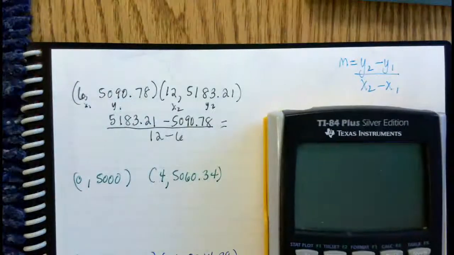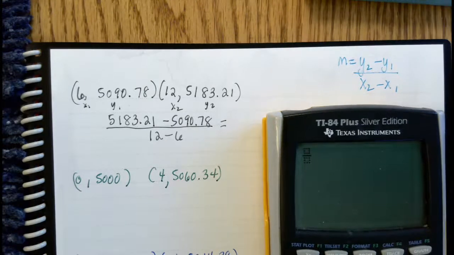I'm going to grab my calculator to do that. Hopefully the batteries don't run out. I did alpha y equals to get the fraction. 5183.21 minus 5,090.78 divided by 12 minus 6 gives us 15.41.